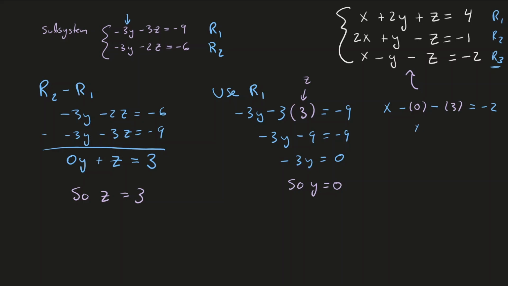So this simplifies down to x - 3 = -2. So x is equal to 1. This gives us our solution as 1, 0, and 3.